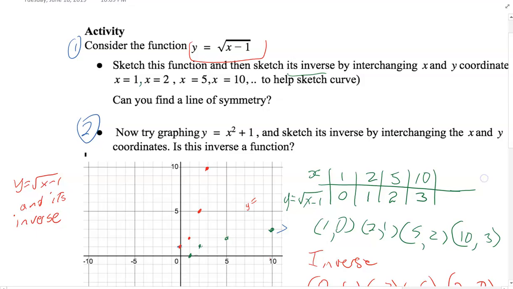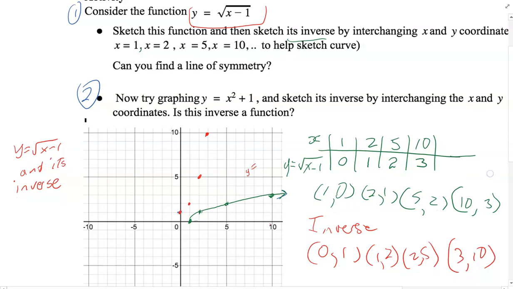So the coordinate points that we will be plotting for y equals radical x minus 1 are (1, 0), (2, 1), (5, 2), and (10, 3). Draw a smooth line through that, and this is your graph. The green curve is your graph of y equals radical x minus 1.